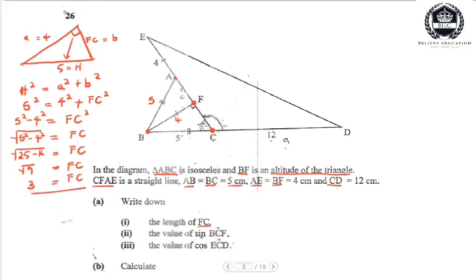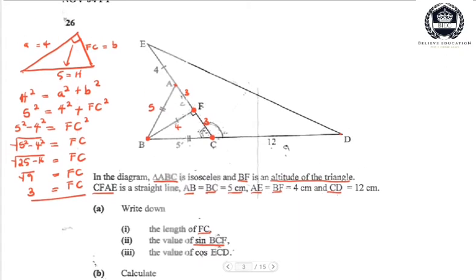So after I get FC being equal to 3, I come to my diagram, then I replace with 3. So FC is equal to 3. Since ABC is an isosceles triangle, it means that FC will be equal to FA. So this one will be equal to 3 again. Then I go to the next question.